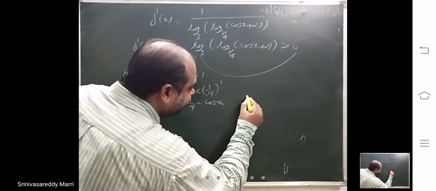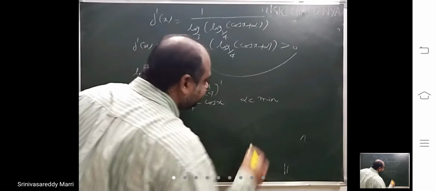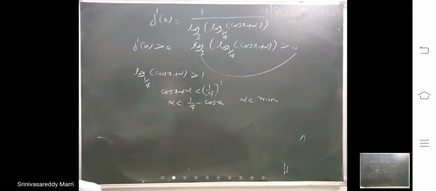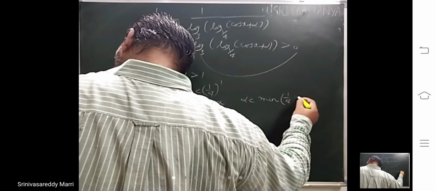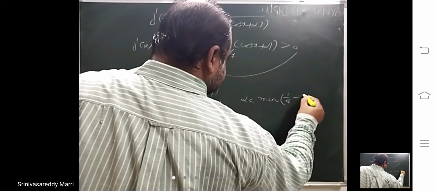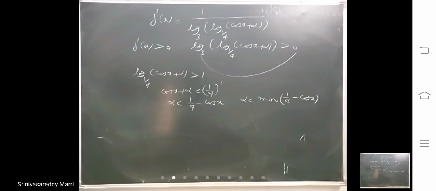That means alpha is less than the minimum value of 1 by 4 minus cos x.